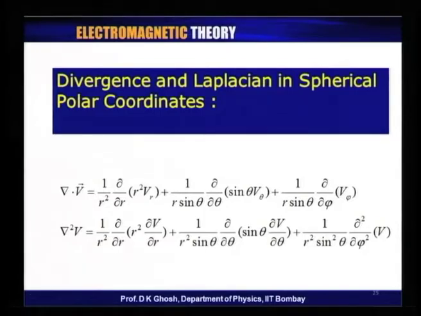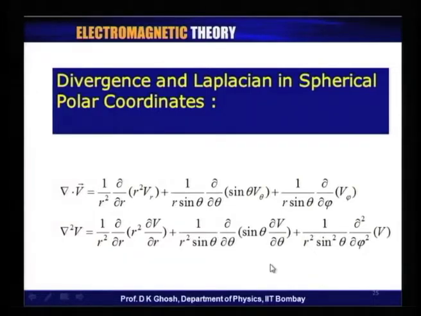It is an involved algebra, but on the other hand straightforward, because we have already given the relationship between the Cartesian coordinates and the spherical coordinates, and you can see that these are the type of expressions that you get.